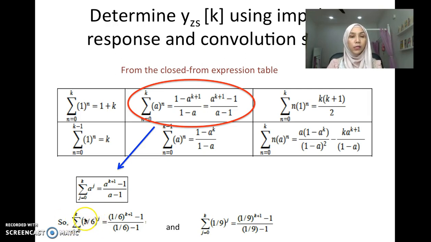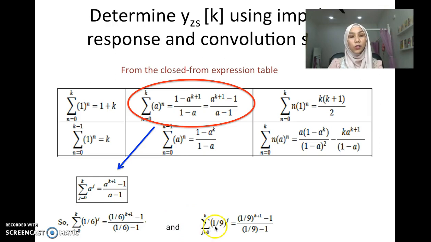So which one is similar from these closed form expressions? This is the similar one, from n=0 to k. So we just put j=0 to k, and you substitute with j. So a^j. So here, for this case, a is 1/6. So (1/6)^(k+1) minus 1 over 1/6 minus 1.